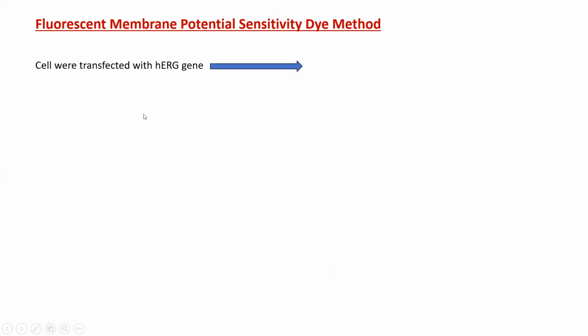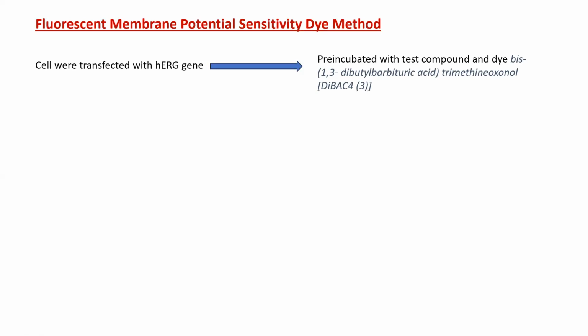These transfected cells have a negative potential. Then they are pre-incubated with the test compound of your interest and one dye.